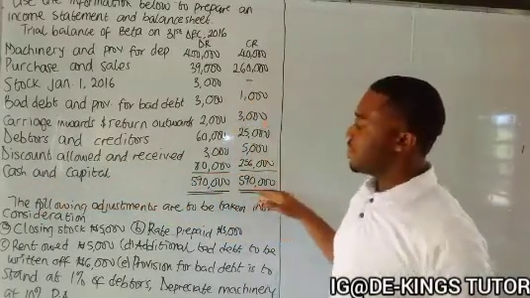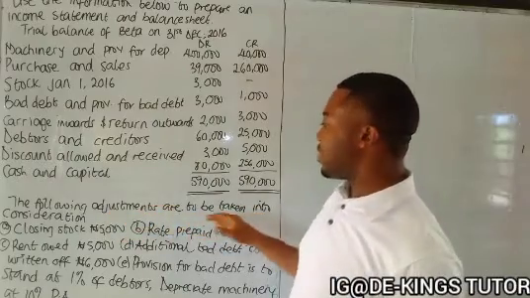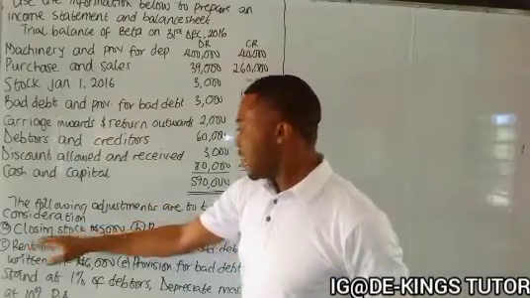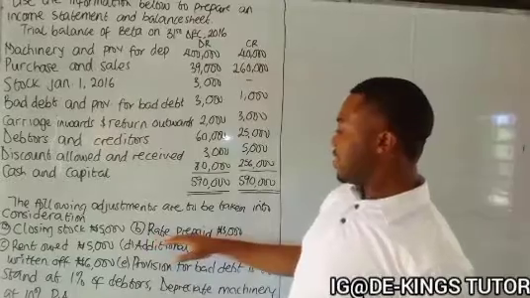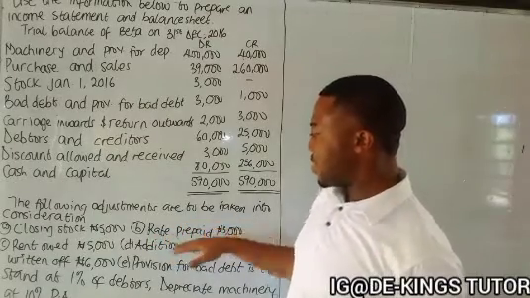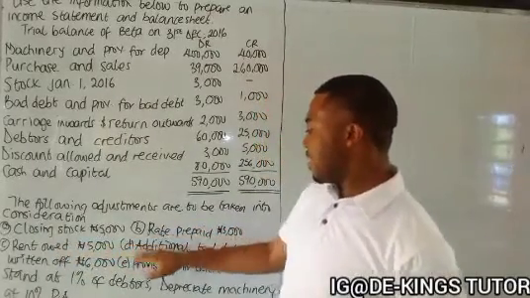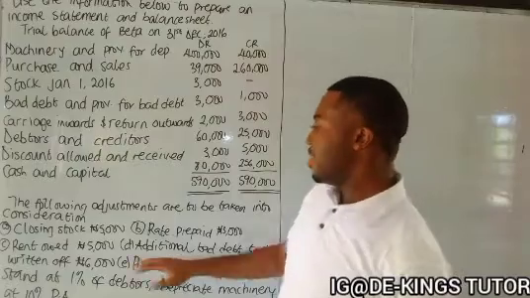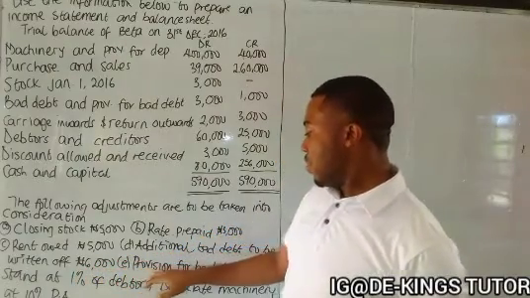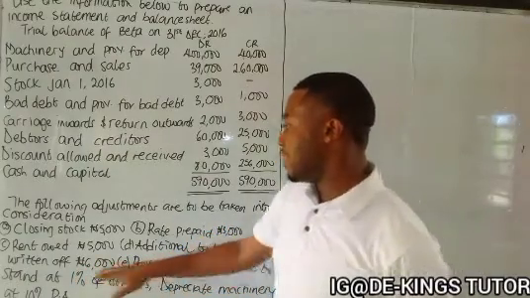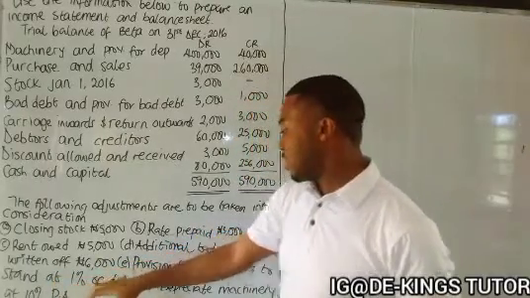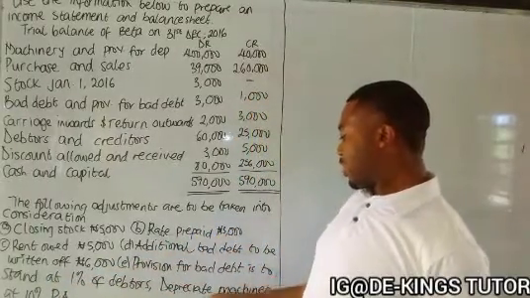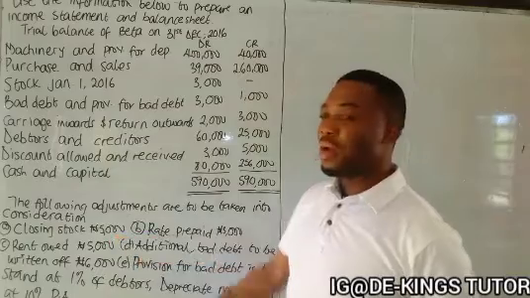The totals are given. The following adjustments are to be taken into consideration. A, closing stock 5,000; B, rates prepaid 3,000; C, rent owed 5,000; D, additional bad debt to be written off 6,000; E, provision for bad debt is to stand at 1% of debtors; and depreciate machinery at 10% per annum.